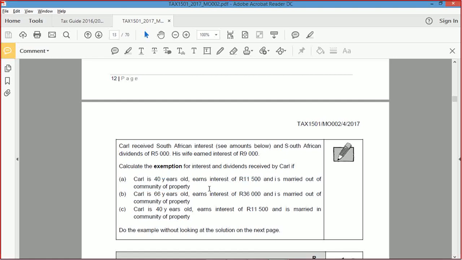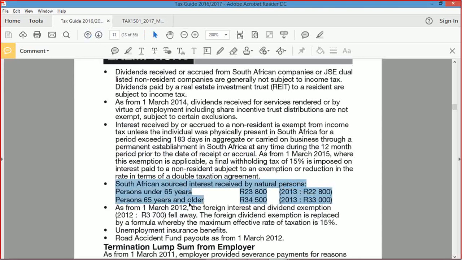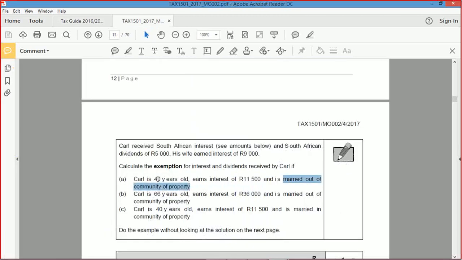We've got him and his wife. So his wife earns 9,000 and in example A, Carl is 40, earns interest of 11,500 and is married out of community of property. If he's married out of community of property, what's his is his, what's his wife's is his wife's. It's totally separate.